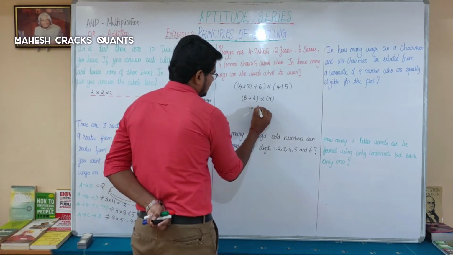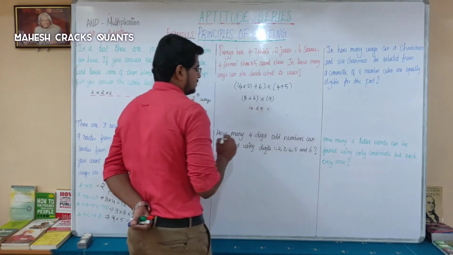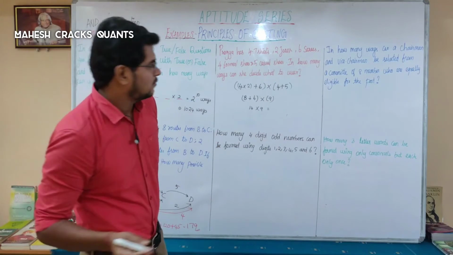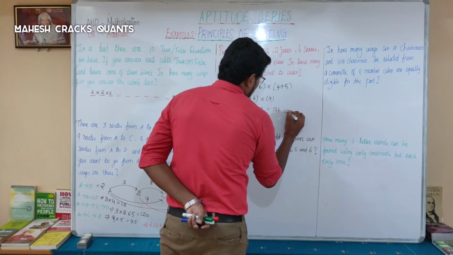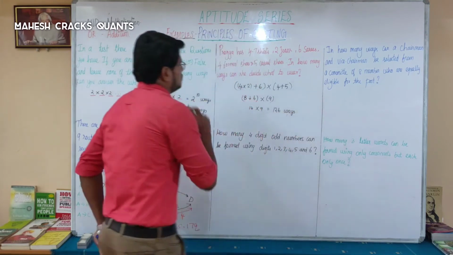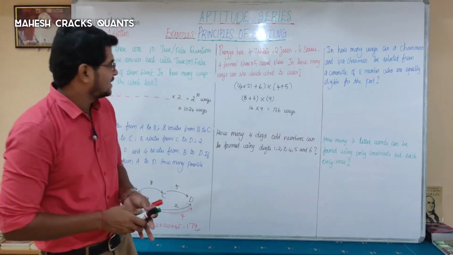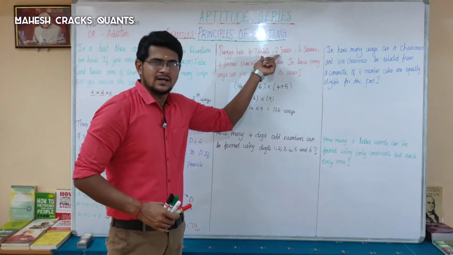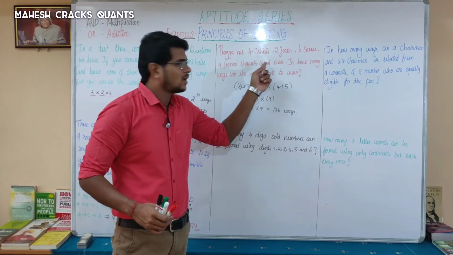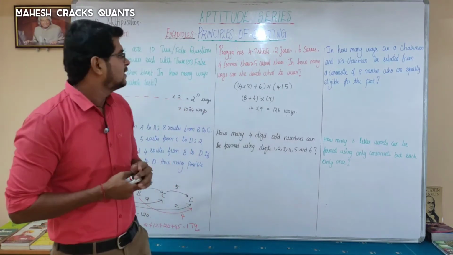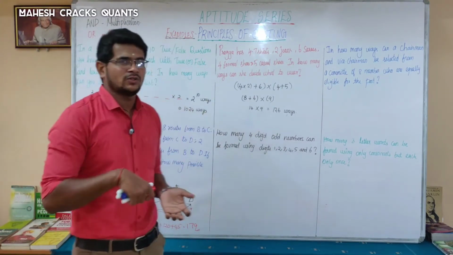So 14 into 9 will be the answer, which is 126 ways. She has 126 ways to choose these. She has to wear either jean and t-shirt or saree, and either casual shoes or formal shoes. Okay, done. Let's move on to the next question.